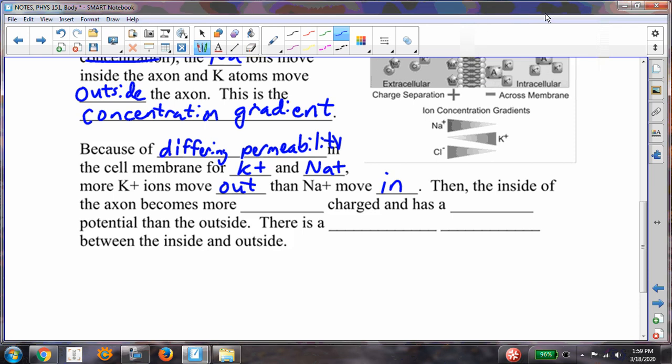So I have more potassium ions moving out than I have sodium ions moving in. So that means that the inside of the axon is going to become more negatively charged. And it's going to have a lower potential than there is on the outside. So there is a potential difference between the inside and the outside.